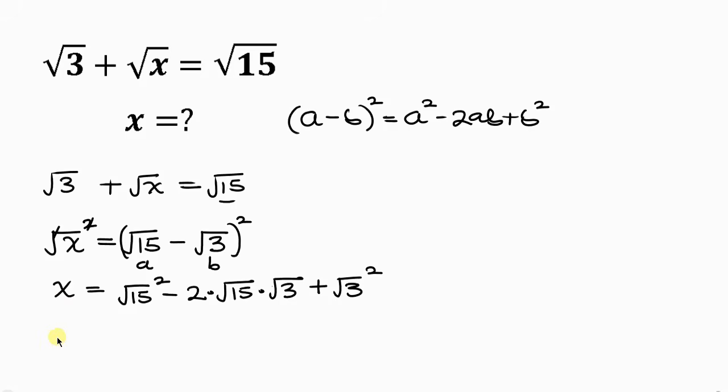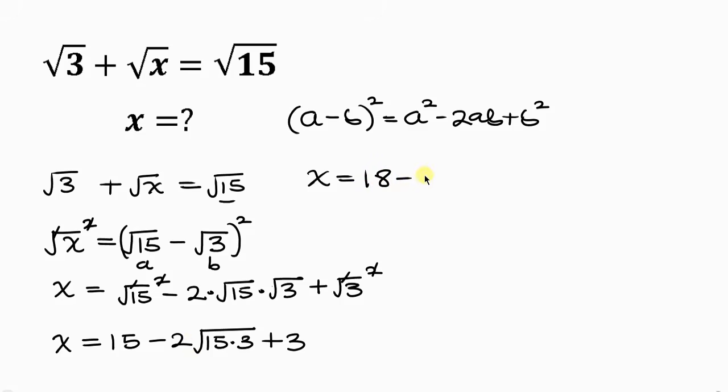And now simplifying further, we have x equal to, now you see that this square cancels out the square root, leaving behind 15 minus 2 times the square root of 15 times the square root of 3, which can be written as the square root of 15 times 3, plus, now this square cancels out the square root, leaving behind 3.